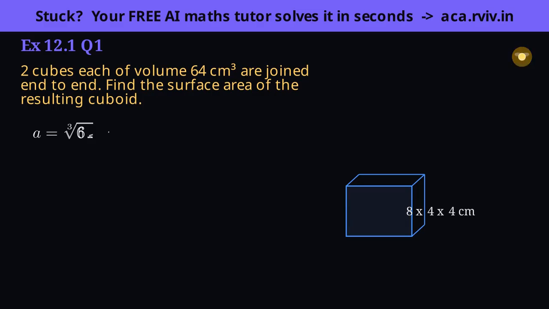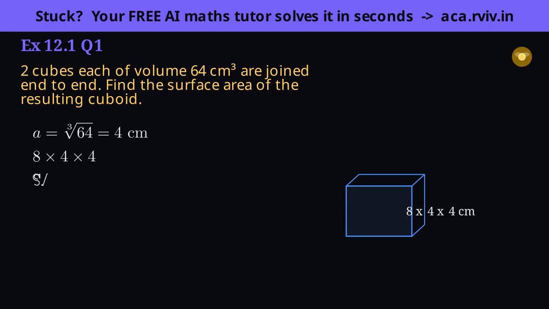Volume of a cube is edge cubed, so the edge is the cube root of the volume, the cube root of 64, which is 4, since 4 times 4 times 4 is 64. Now join them. Setting two cubes end to end stretches only one direction, the length doubles from 4 to 8, while the width and depth stay 4. So we get a long box, 8 by 4 by 4.